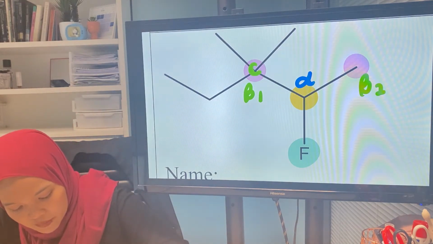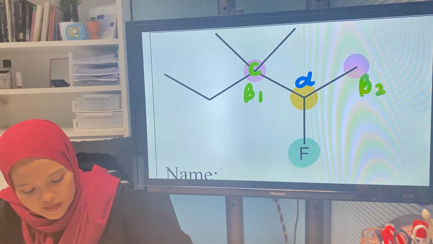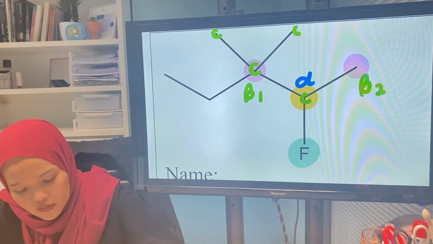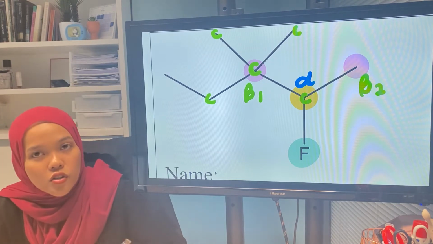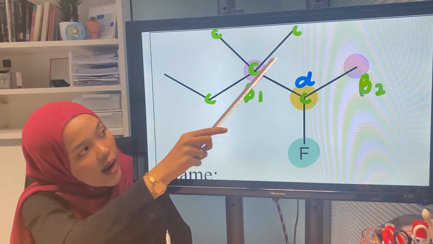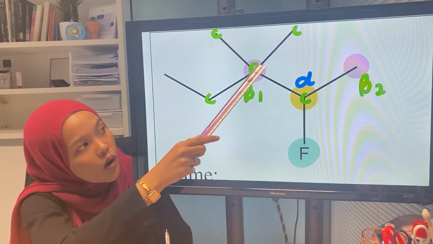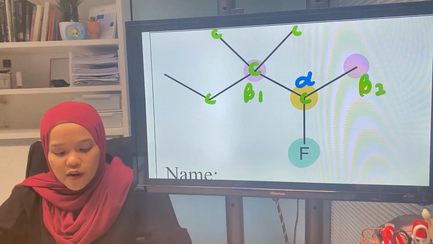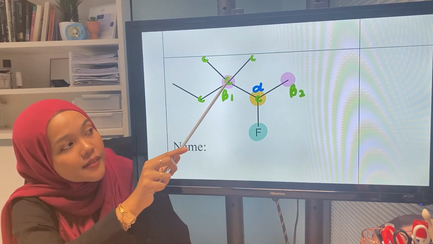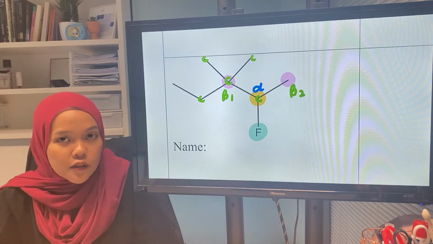Let me just show you. There is a carbon here. But this carbon is attached to the alpha carbon, attached to this carbon, attached to this carbon, and this carbon. So you see, there are already 4 bonds here. So there is no hydrogen going out of this carbon. Therefore, you cannot form a product between alpha and beta 1 because there is no beta hydrogen.